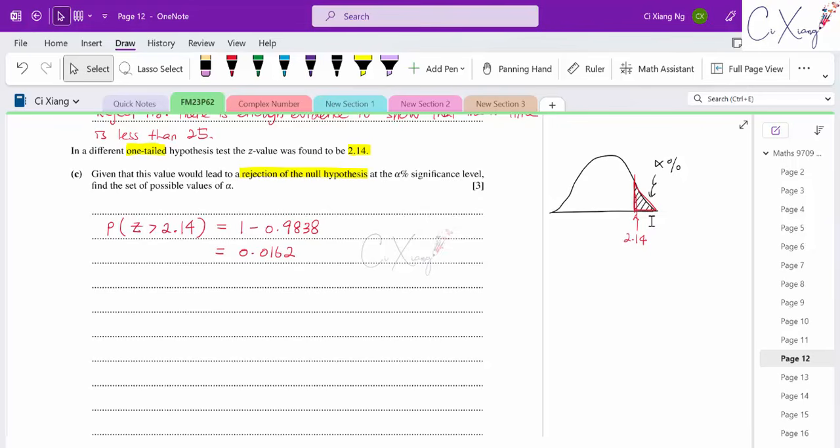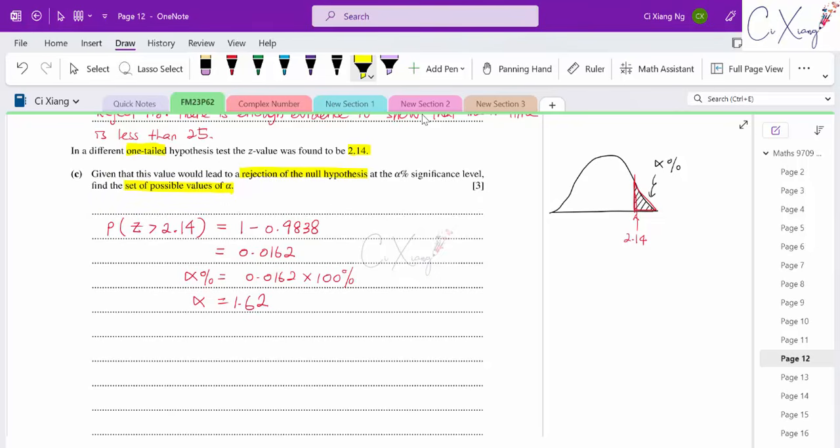And to get the value for alpha, what can we do? Alpha is actually alpha percent, so you have to take the 0.0162 multiplied with 100%. And therefore you get alpha equals 1.62. But if you have a look at this question, they're asking for the set of possible values for alpha.